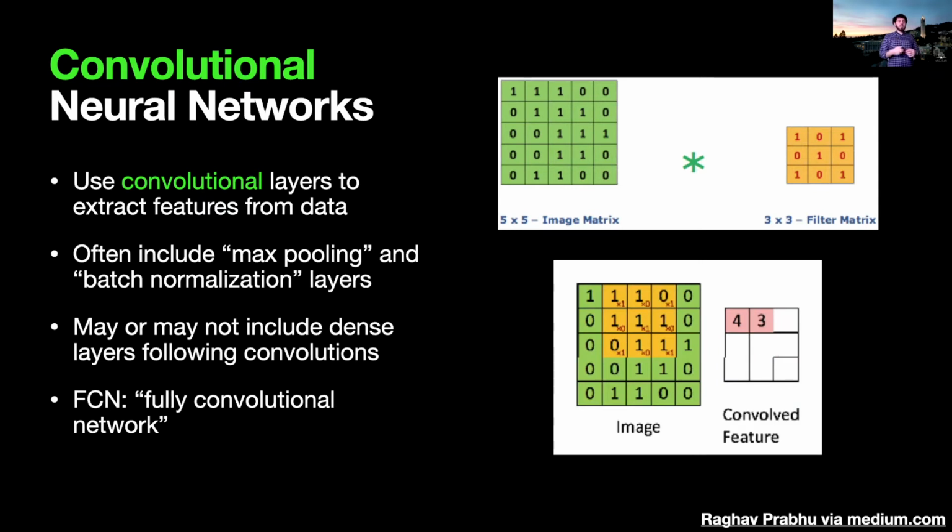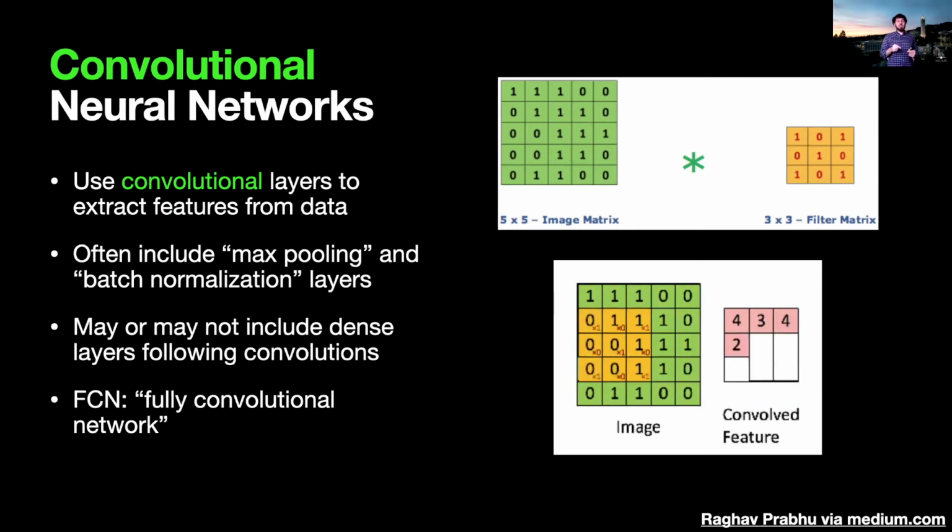You have some other layers in there, sometimes max pooling or batch normalization. Again, the details don't matter, but they're regularization layers that help convolution layers do their job. The neat thing about convolution networks is that they may or may not include those dense networks like what I had in the previous slide.